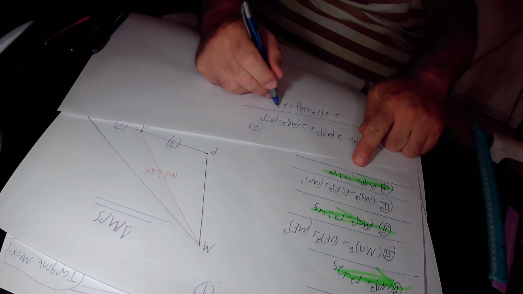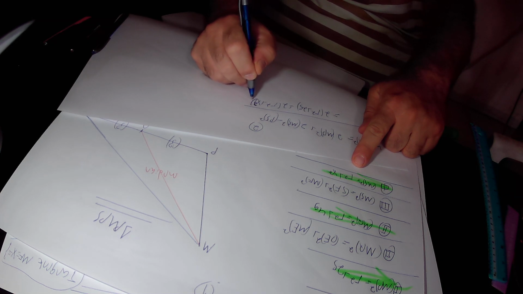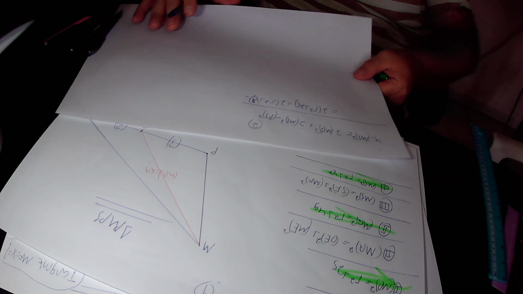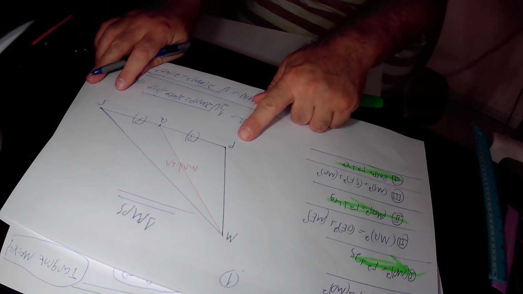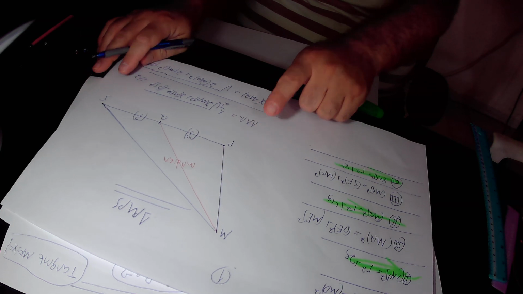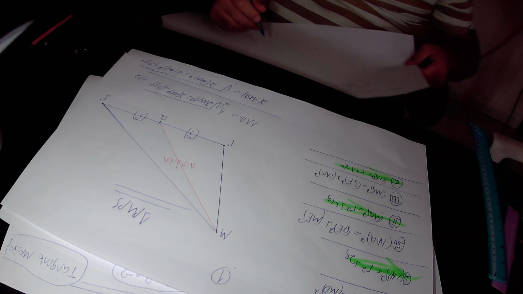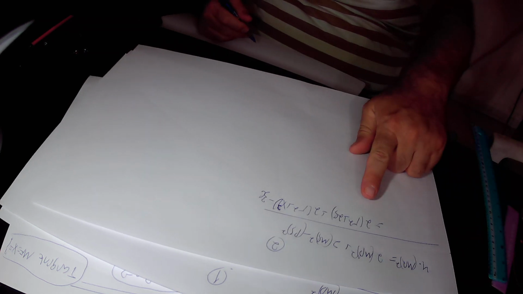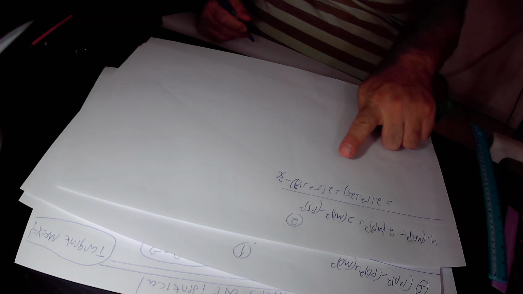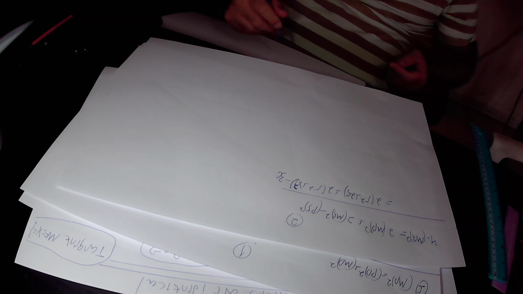MS squared is r squared plus x squared, minus PS squared. PS in total equals 3 plus 3, that is 6. Therefore PS squared is 6 squared, that is 36. So in total, on this side of the equation, we have 2 times r squared plus 25 plus 2 times r squared plus x squared minus 36.